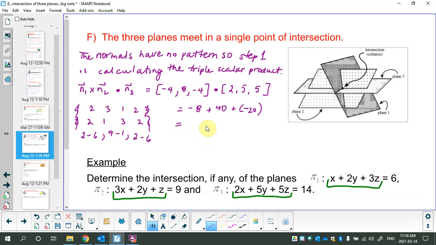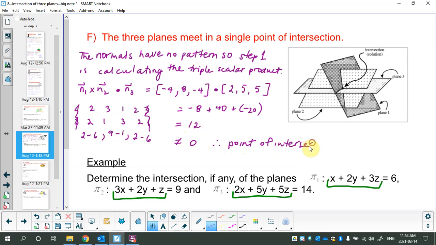And what you are looking for is the result of this. If it ends up not being 0, we have a point of intersection. So negative 28 plus 40 is 12. 12 is not 0. That means we have a point of intersection.